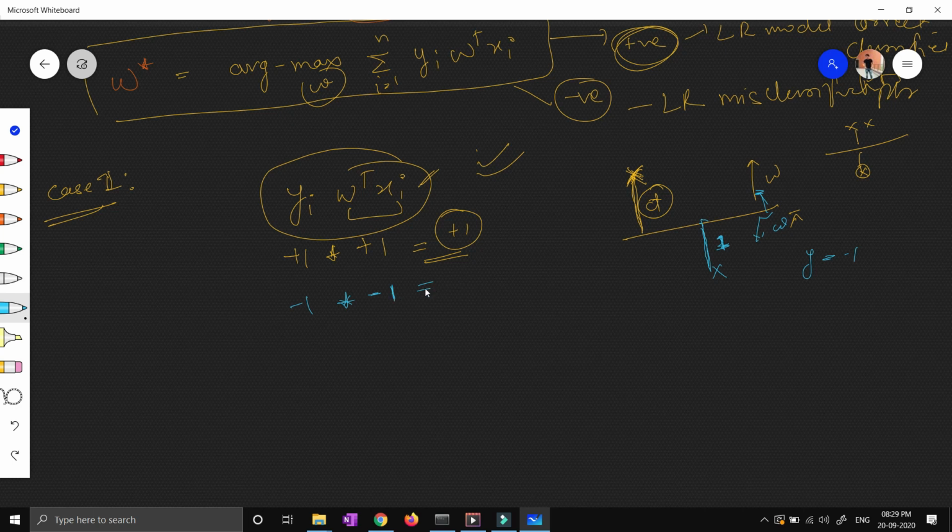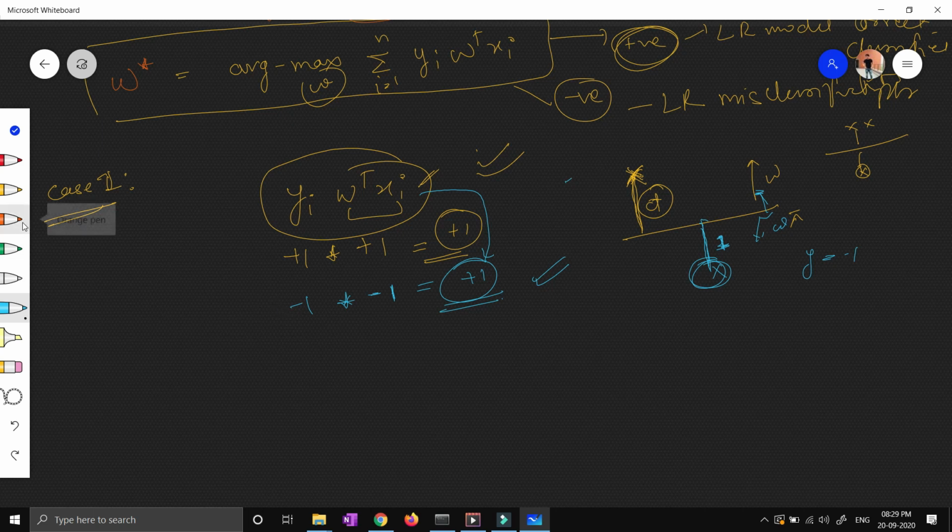So it will be minus times minus, which is +1. You can see this value is coming +1 for the negative point, so we can say our logistic regression also correctly classified this point. It is a negative point, and logistic regression is also saying it is negative, and for the positive point it is also saying positive.